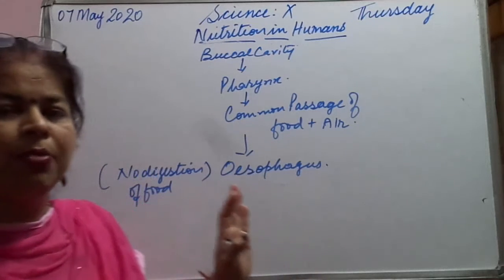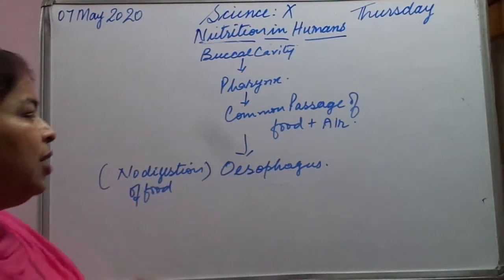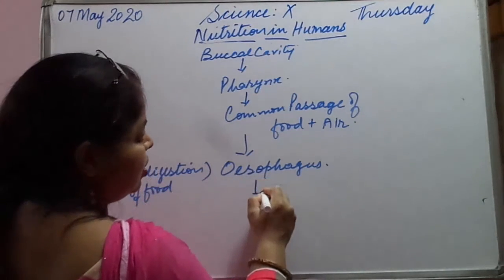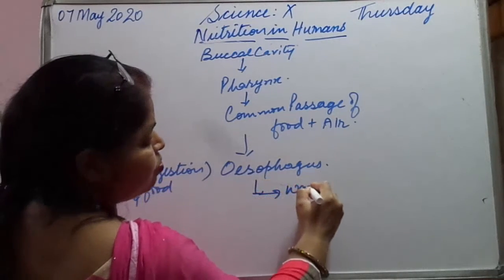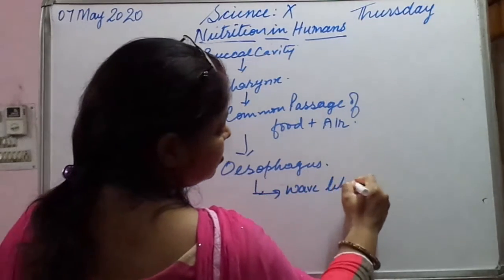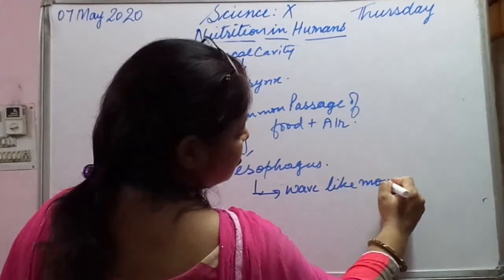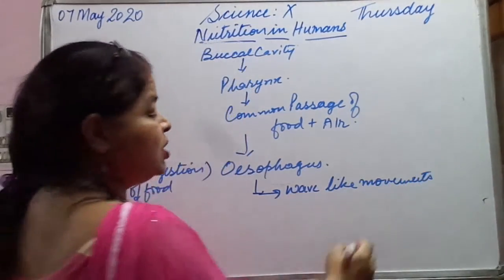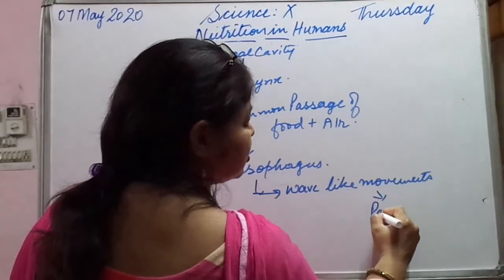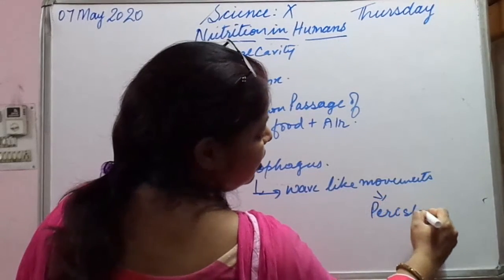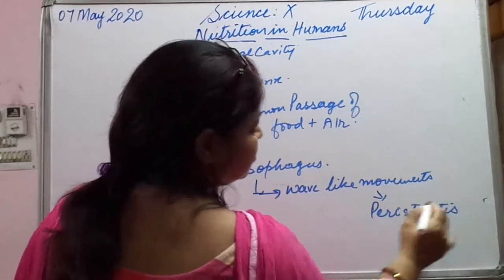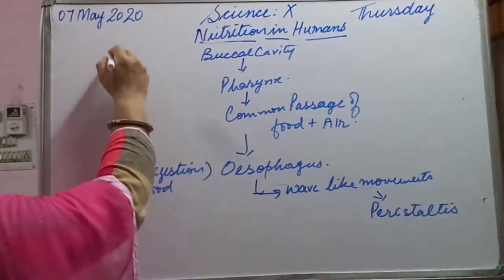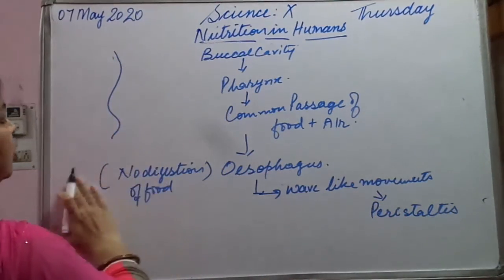Okay, it is a muscular tube-like structure, and in this wave-like movements occur, which is called peristalsis. Okay, how? See, the food is pushed.